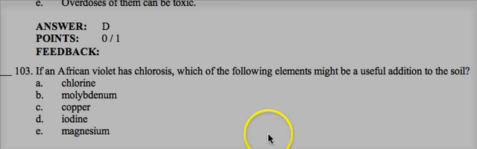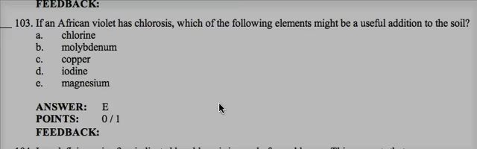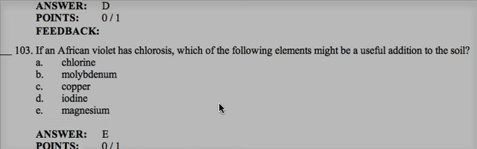All right, we only talked about chlorosis in regards to one particular element. And that element is, here's the answer, E, magnesium. Okay, so magnesium is crucial for the chlorophyll, and if it's not working, we're going to have kind of a yellowish plant, which is chlorosis.